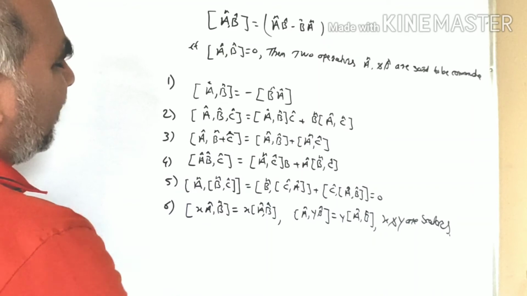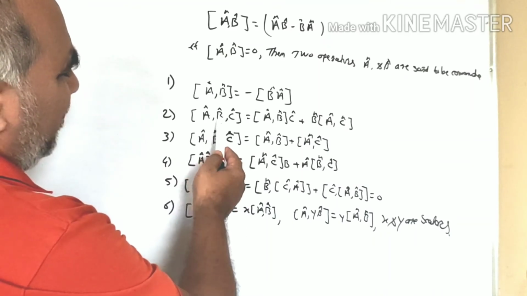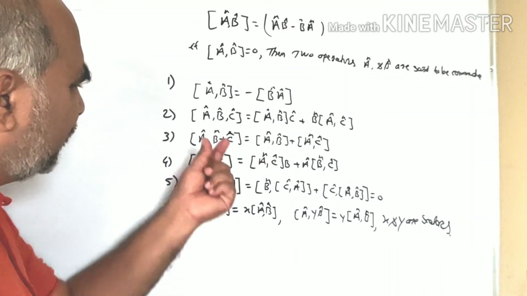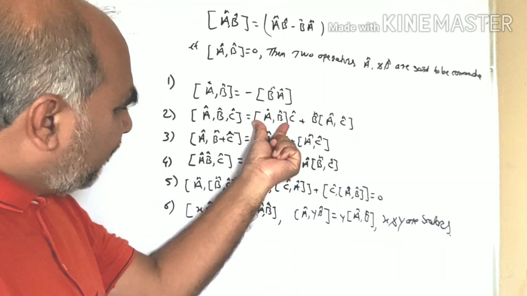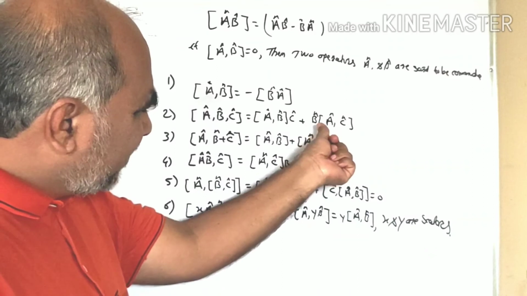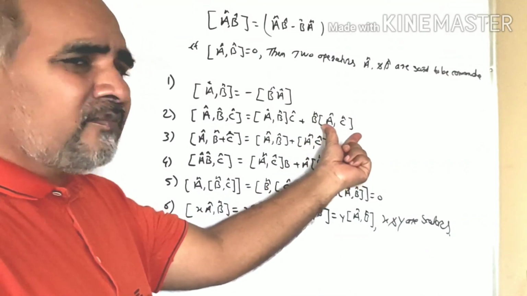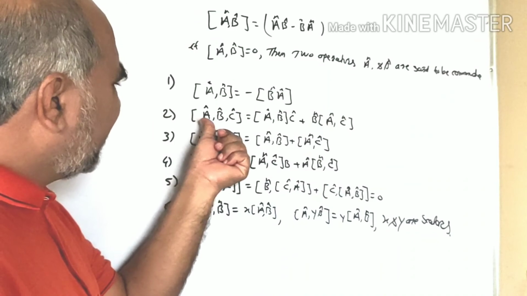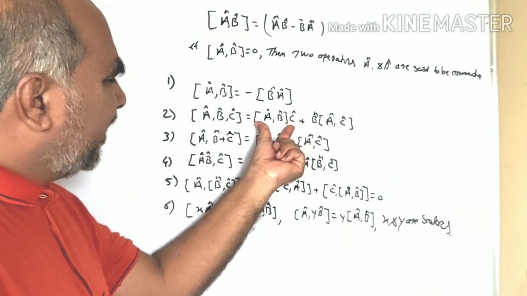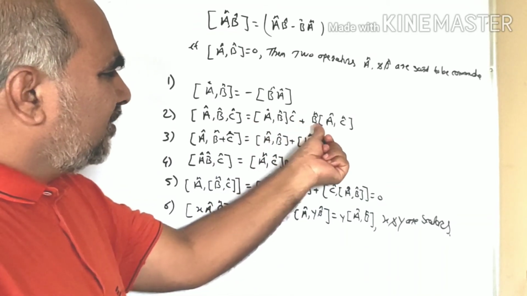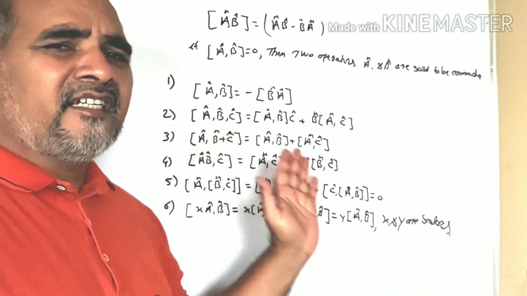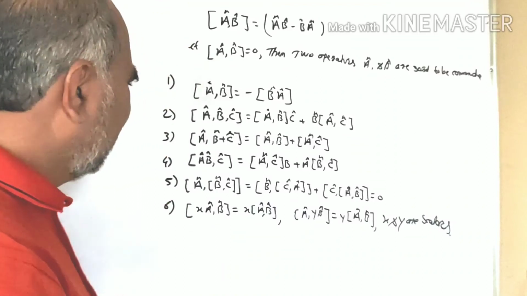Then there are three operators, A, B, and C. The commutator of A with the product BC is equal to the commutator of AB into C plus B into the commutator of AC. So this can be written in terms of 1, 2, 3 like that.